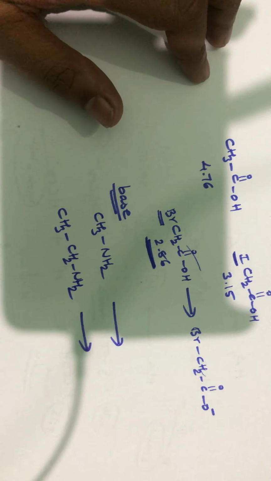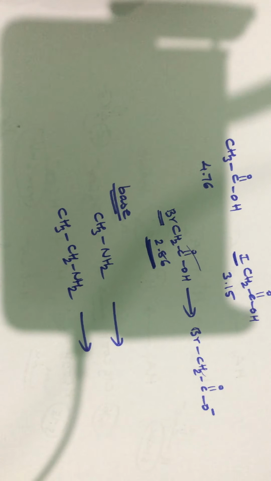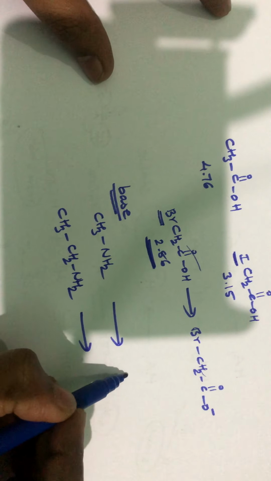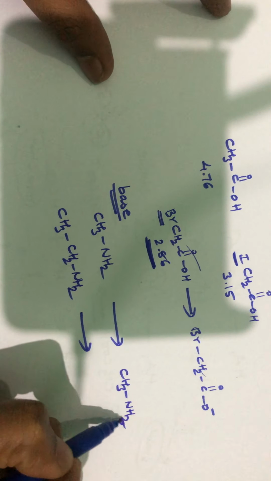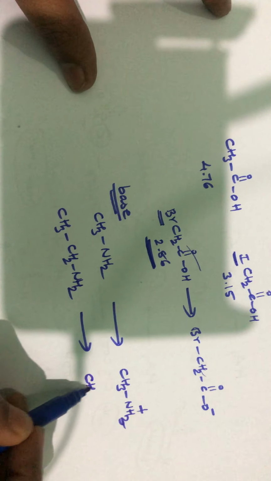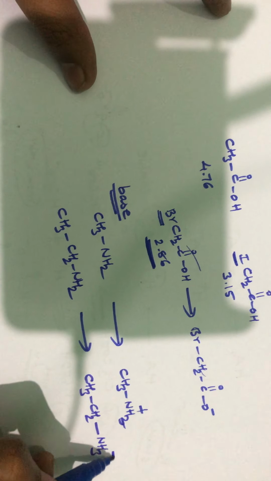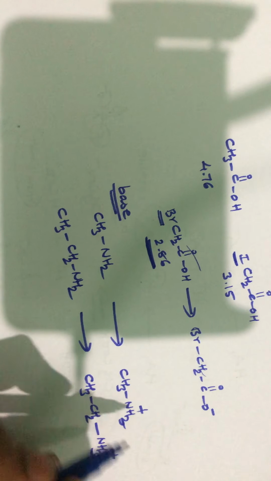What is a base? According to Lowry-Bronsted, a base is a substance that accepts a proton. So if it accepts a proton, it forms CH3NH3 plus. This will form CH3CH2NH3 plus.